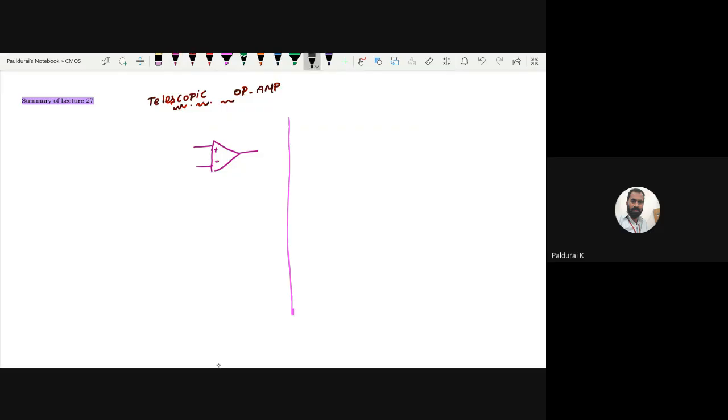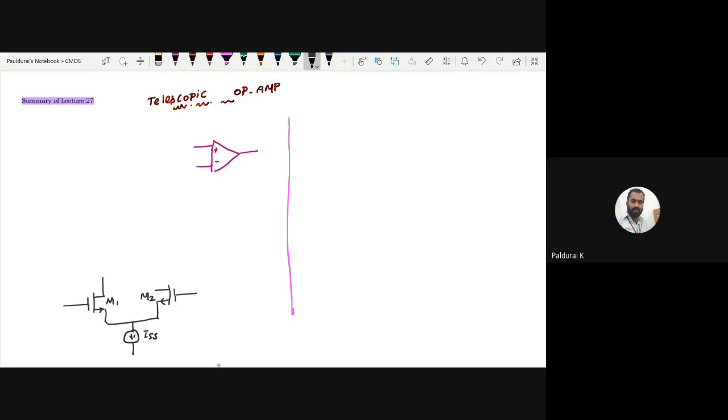I repeat. So first you want to have one input pair. So this is my input. Let me call this M1, this is M2. Both sources must be connected to the tail current source ISS.